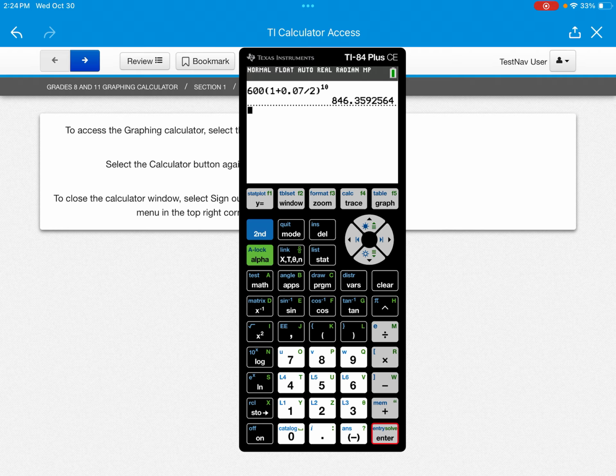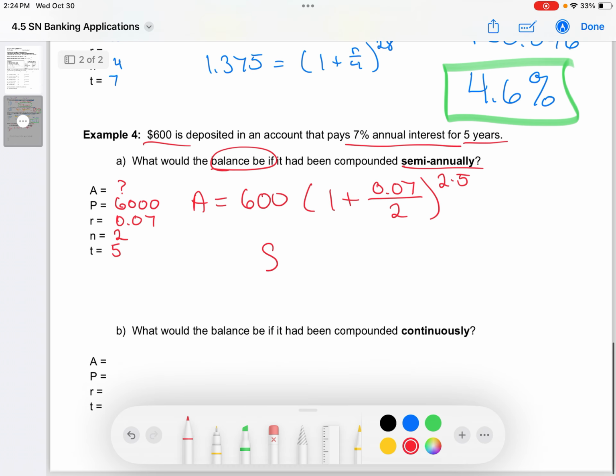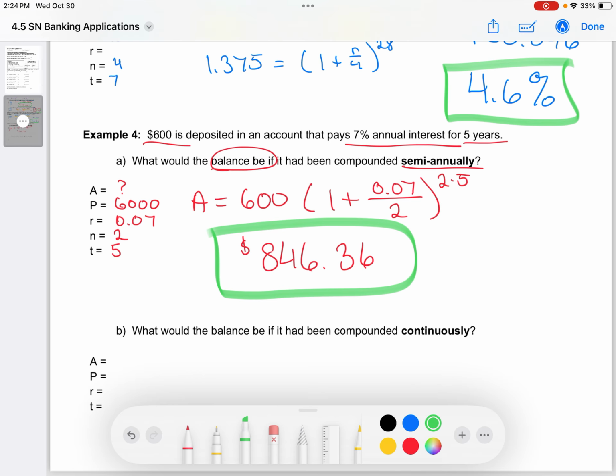This is dollars and cents, so we'll round to the nearest hundredth, dollars and cents, 2 decimal places. So 846.36 would be the amount in that account at the end.